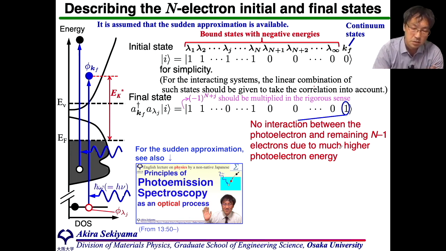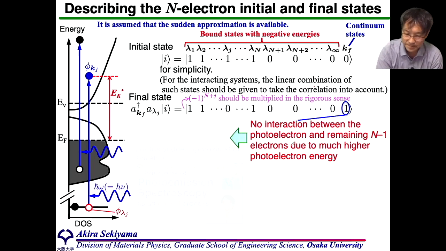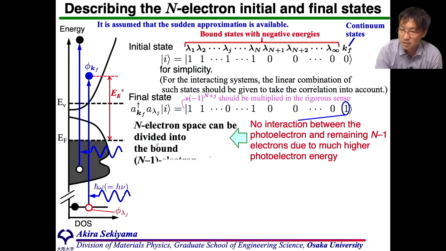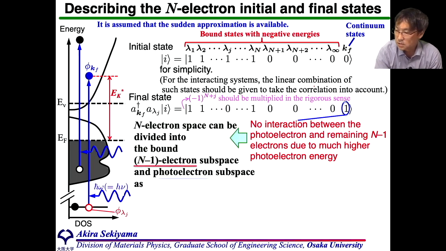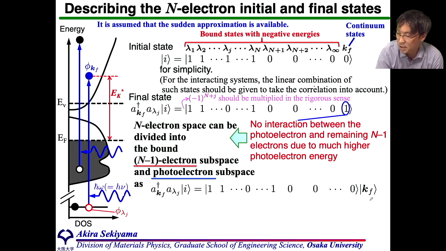This is the so-called sudden approximation. Then we can divide the N-electron space into the bound N-1 electron subspace and the photoelectron subspace as in this formulation. This is owing to the sudden approximation.